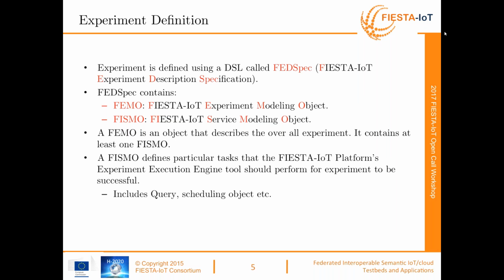You open the management console, you select whichever experiment you want to execute, whichever service within the DSL you want to execute, and enable that so that the execution engine could execute those services for you on the IoT registry and send back the required data.